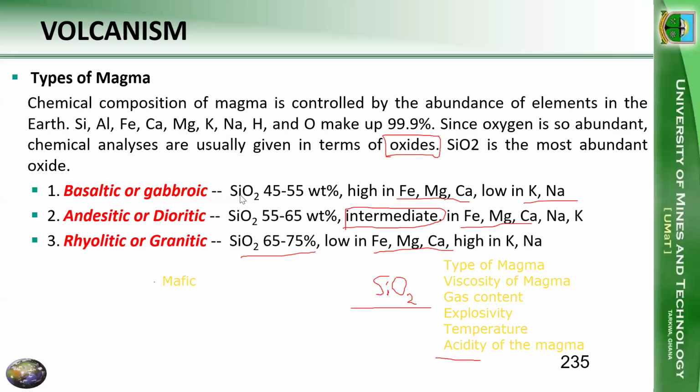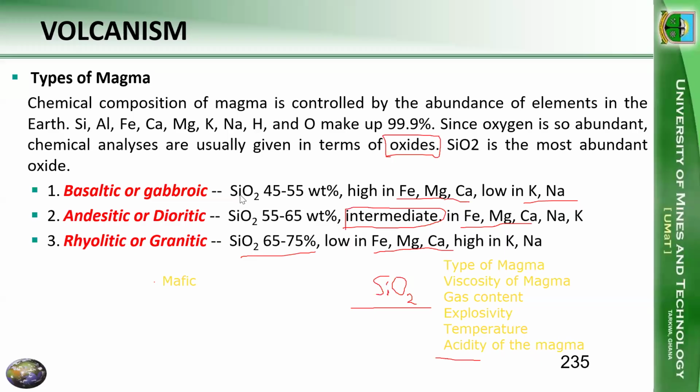So the higher the silica content, the higher the viscosity, the more explosive the magma will be, the higher the gas content, basically. The temperature would also be low in this case, because rhyolitic or granitic magmas would have a lower temperature, roughly between 600 to 650 degrees Celsius.